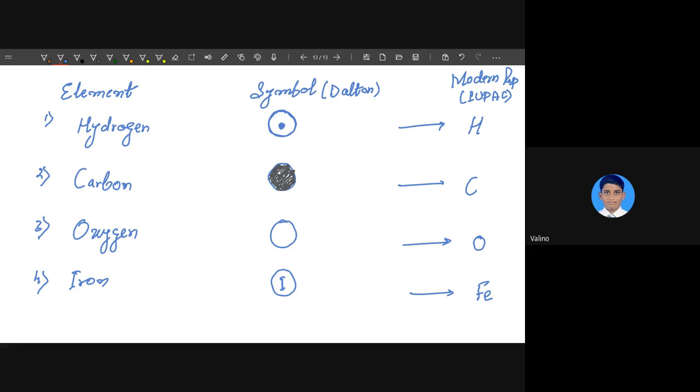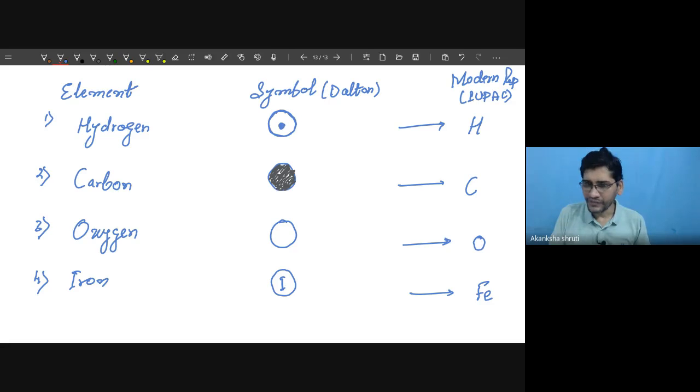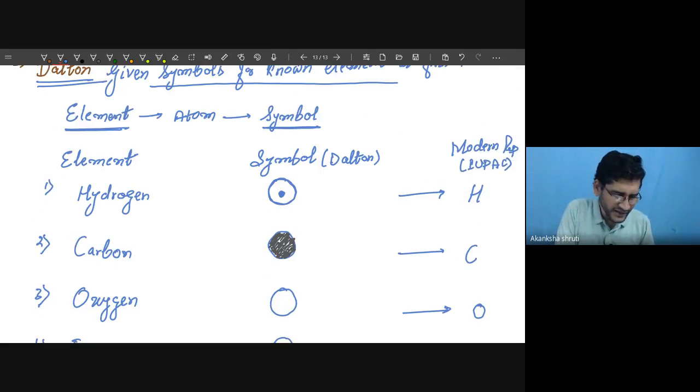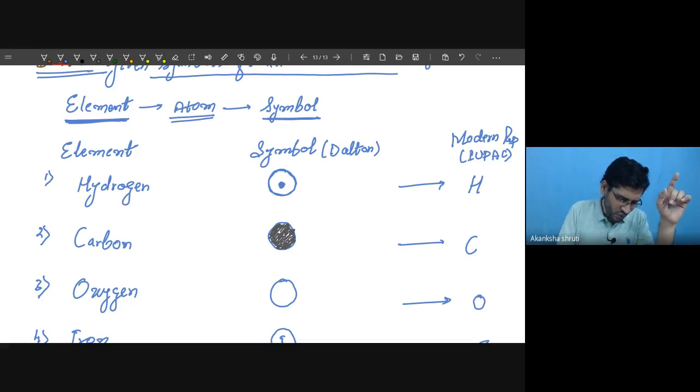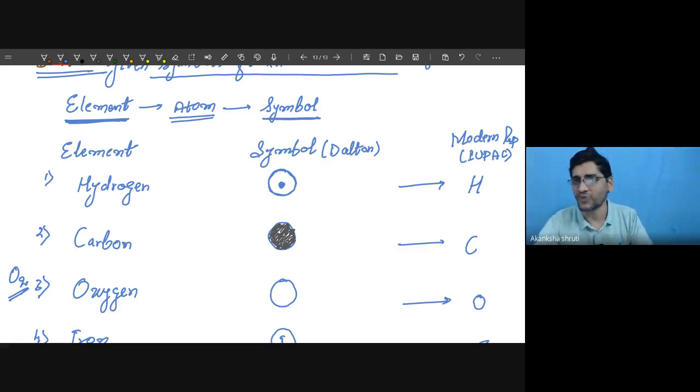Sir, for oxygen it is O2, no? That is the molecule. I am talking about the element, which has to be represented by its atom. So an atom is represented by only one, not two. O2 is the molecule where two atoms are joined.